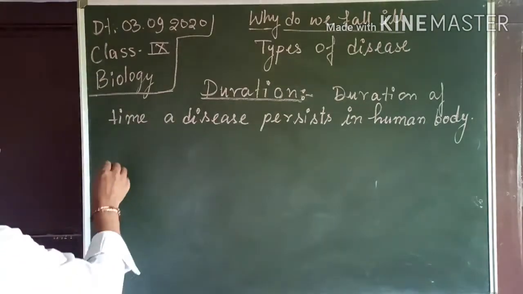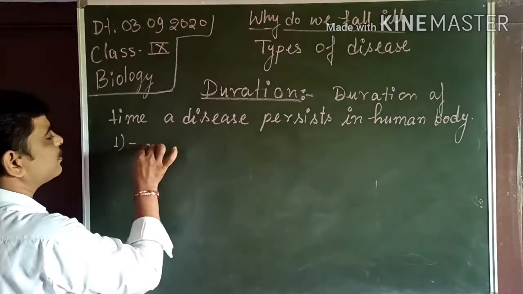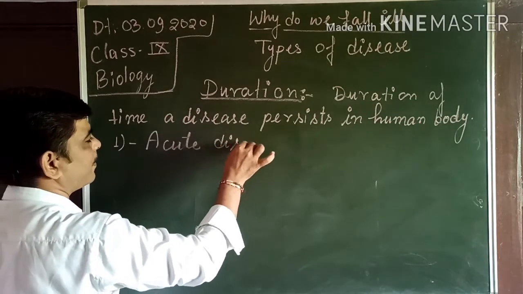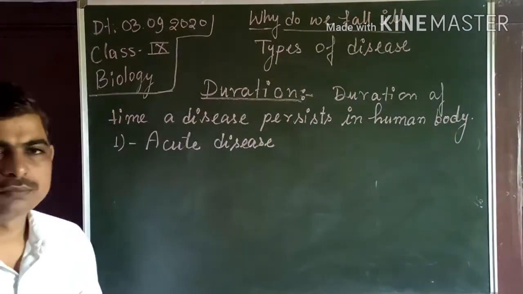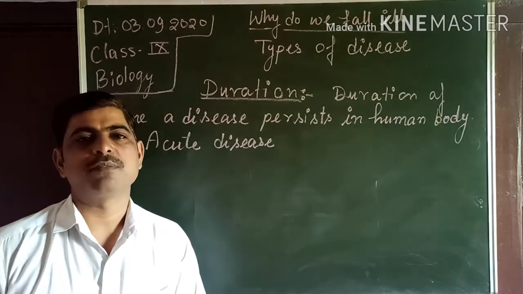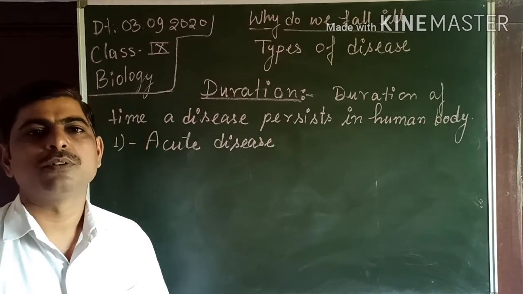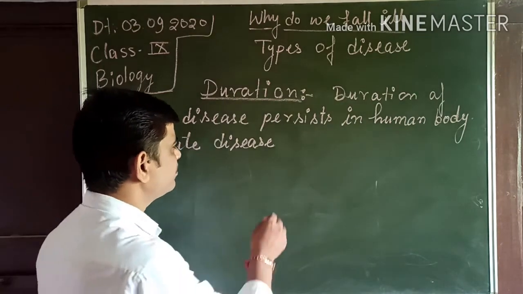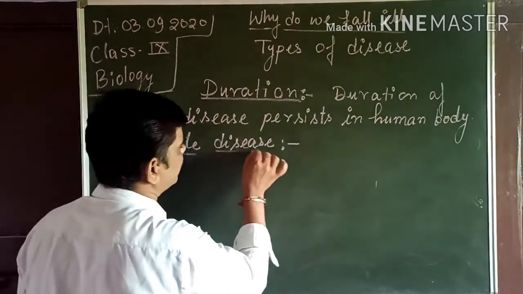Okay. On this basis, the first type of disease is acute disease. Acute disease means the disease that persists for a shorter period of time in the human body and it has no bad effect on health after it disappears.